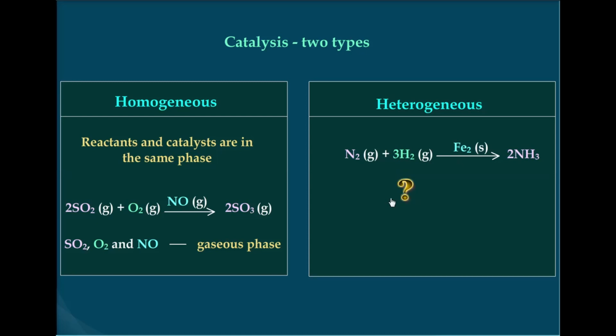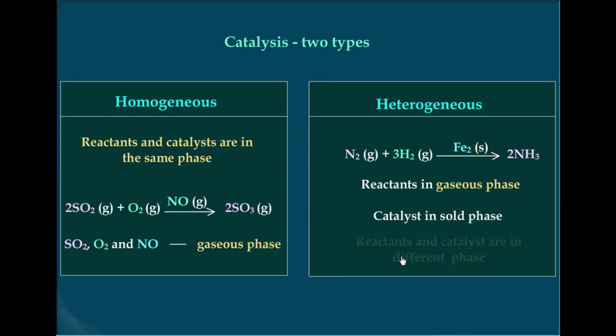Here nitrogen, hydrogen and ammonia are in the gaseous state, while the catalyst is in the solid phase. Reactants and catalyst are in different phases. That is heterogeneous catalysis. So in homogeneous catalysis, the reactants, the products and the catalyst are in the same phase, while in heterogeneous, the catalyst, the reactants and the products are in different phases.